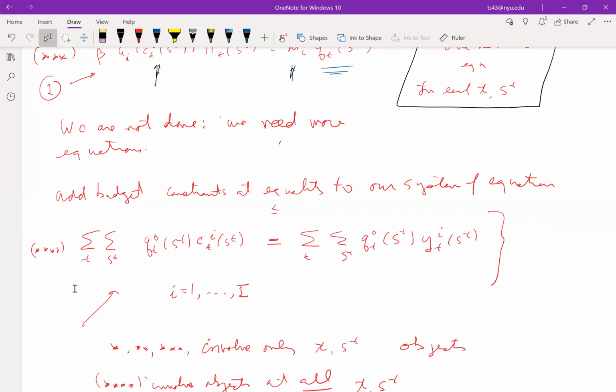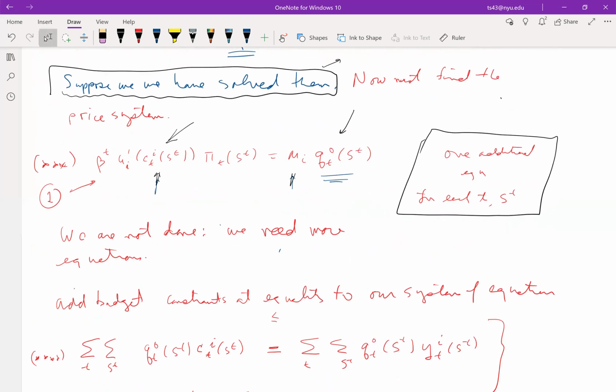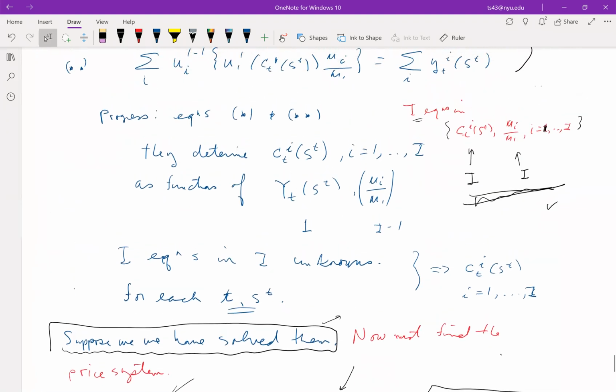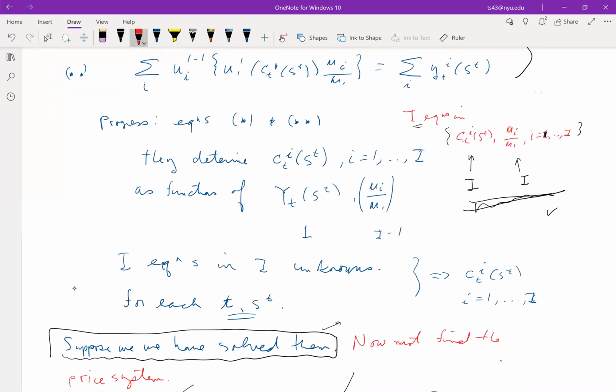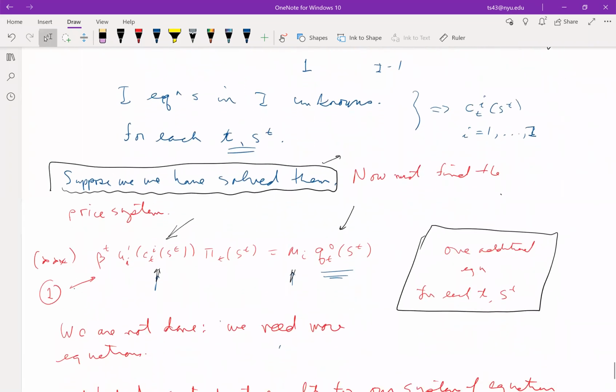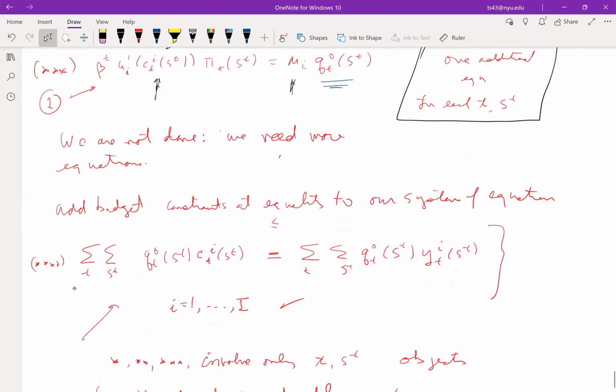Now we have I plus 1 equations here, and remember here we had I equations in 2I variables, so we were vastly short. So we're seeking additional equations. Here we picked up 1 equation and 1 variable, so that was kind of a wash.